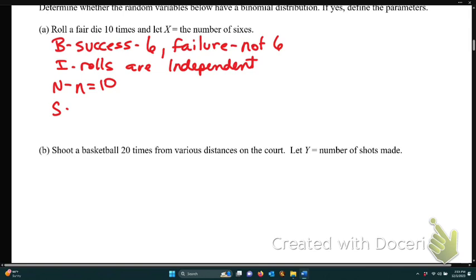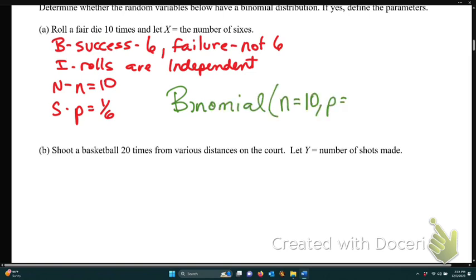Success probability is fixed. What is the probability of success here? 1 out of 6. So guess what? We have a binomial with the following parameters: n equals 10 and p equals 1/6. Wasn't that fun?